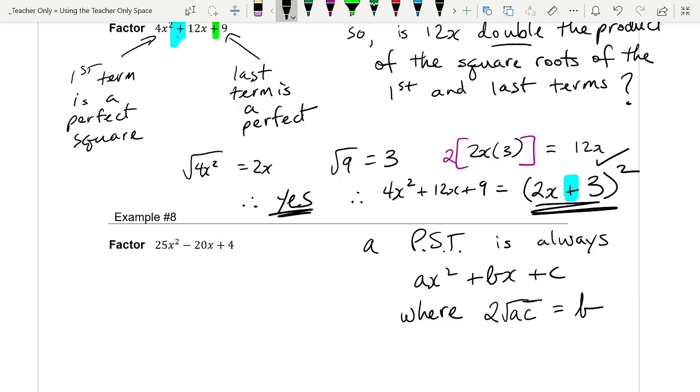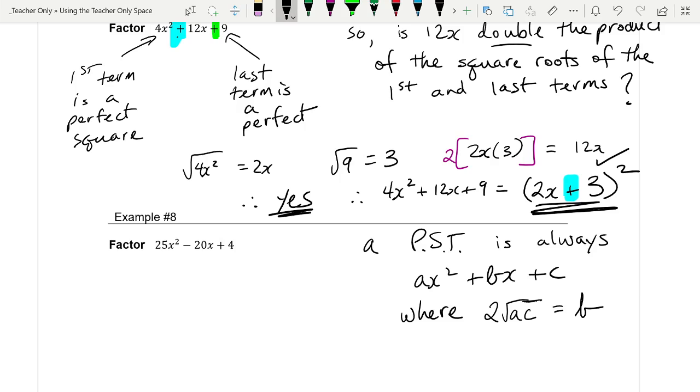So let's try that for the next one. Is the next one a perfect square trinomial? Most of you are probably going, well, yeah, it is. Otherwise, why would you put it on the example page for the lesson on perfect square trinomials? Well, you never know. We might just put one on there that's wrong just to mess with you. Or maybe we made a typo. That happens. Is that a perfect square trinomial? If I took 25 and 4, first of all, are 25 and 4 perfect squares?